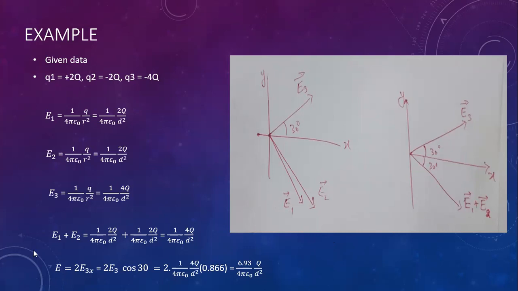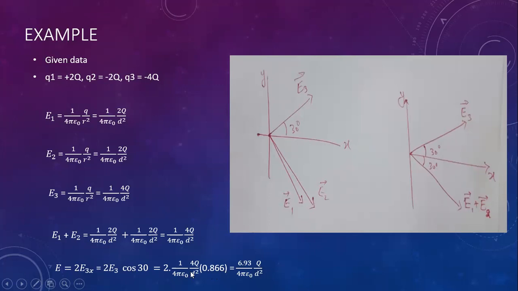So if I want to calculate the total E at the origin, that will be 2 times E3x. E3 is this, and E3x is its component along the x-axis. In other words, it will be 2 times the magnitude of E3 times cos theta along the x-axis, so cos 30 degrees. Cos 30 is 0.866.